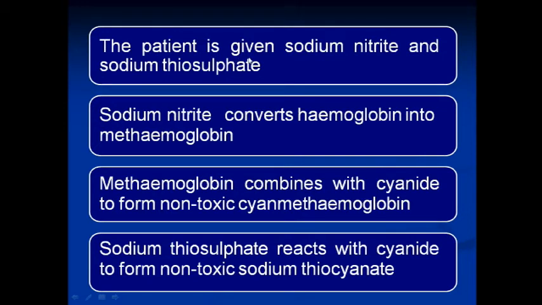The patient is given sodium nitrite and sodium thiosulfate. सोडियम नाइट्राइट and sodium thiosulfate cyanide poisoning के against दी जाती है. Sodium nitrite converts hemoglobin to methemoglobin, which binds cyanide to form non-toxic cyanmethemoglobin. Sodium thiosulfate reacts with cyanide to form non-toxic sodium thiocyanate. So there are two ways through which cyanide is detoxified.